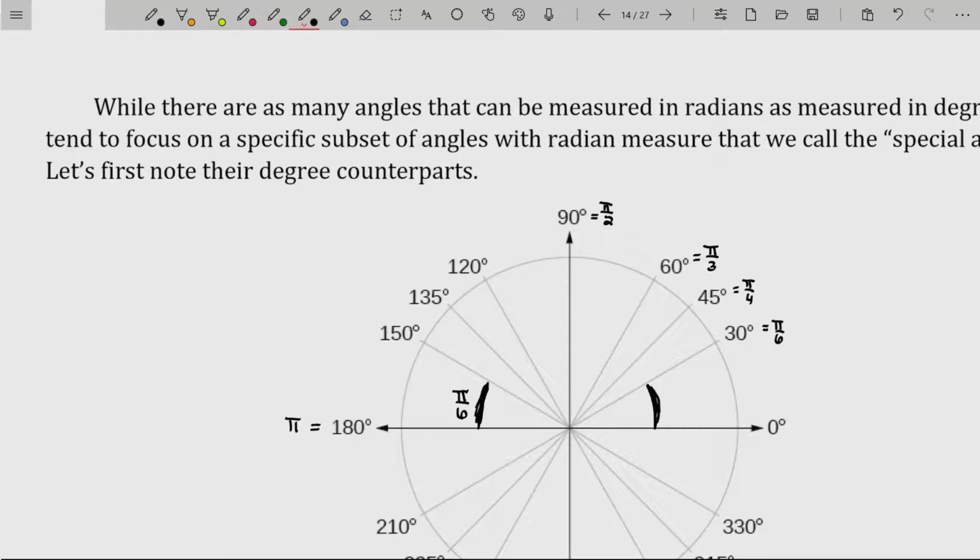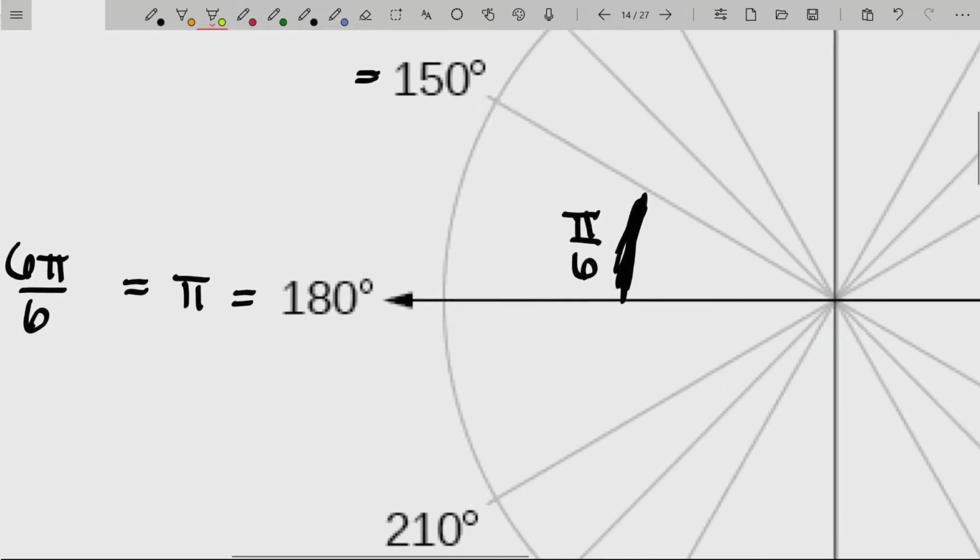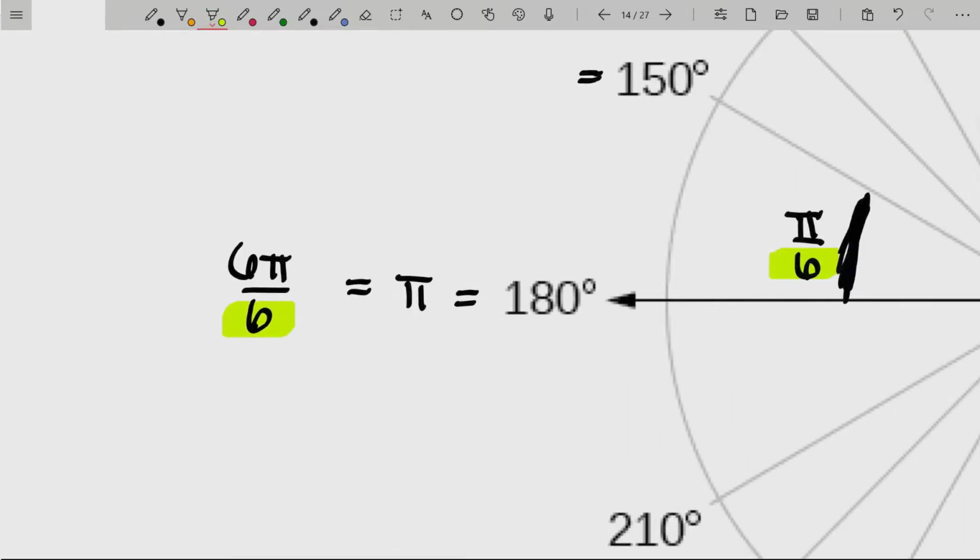But the real question is, what is the angle that gets me to that? Well, you say 150 because that's what it is, 150 degrees. But the easiest way to compute that in radians is to say pi is the same thing as 6 pi over 6. Notice I'm using this denominator to help me build out pi. Pi is 6 pi over 6.